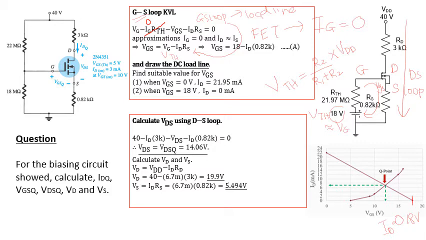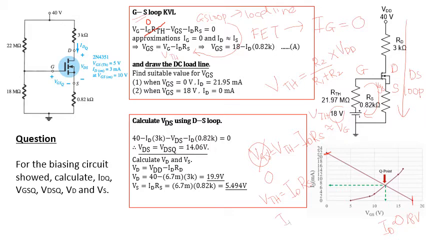Then here we know the formula VGS equal to VTH minus ID RS. So when we want to find this y-axis, you have to let the value of the VGS be equal to 0. So VTH equal to ID RS.